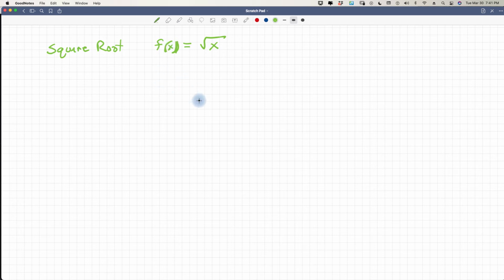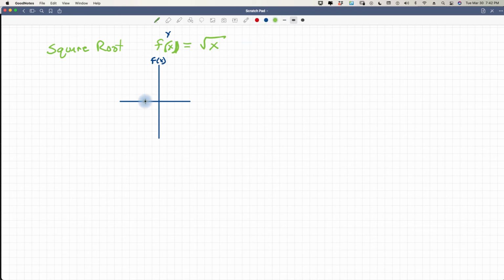So a square root function, let me draw the graph for you. And remember that f of x is just your y value. So the y value is the square root of x. Whatever x is, the square root of that is your y value. And so that looks something like this.